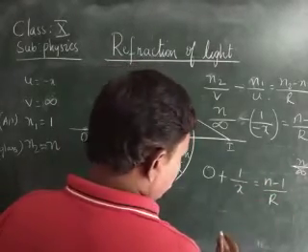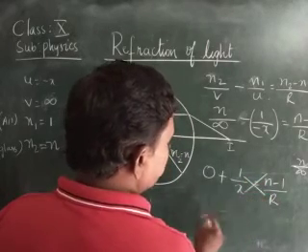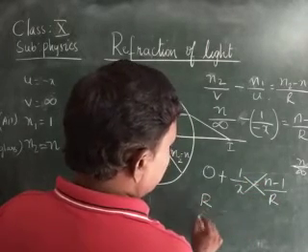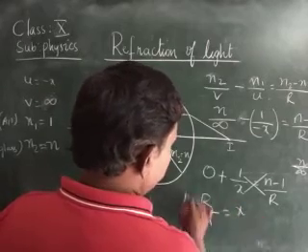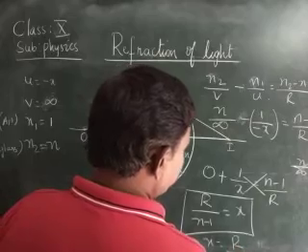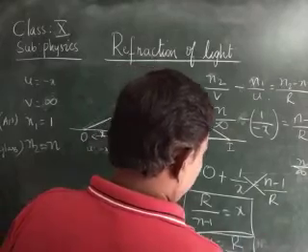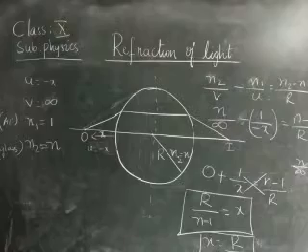Therefore if we transpose this, by cross multiplication, r by n minus 1 is equal to x. Here we get x is equal to r by n minus 1.